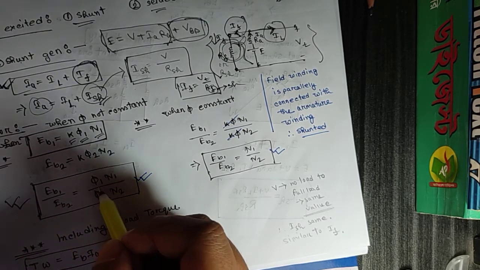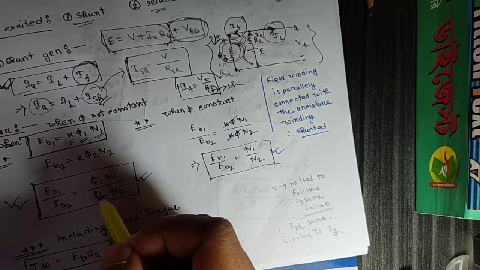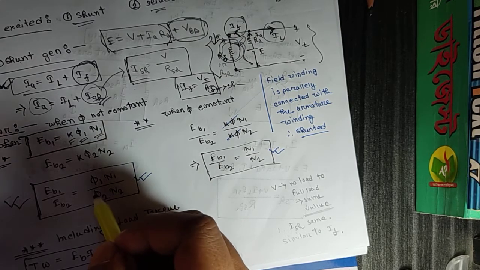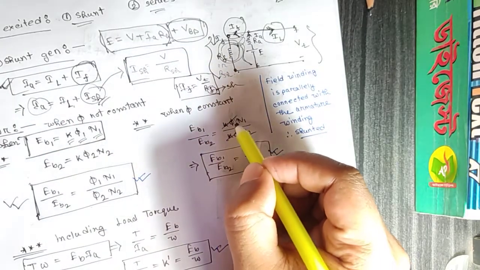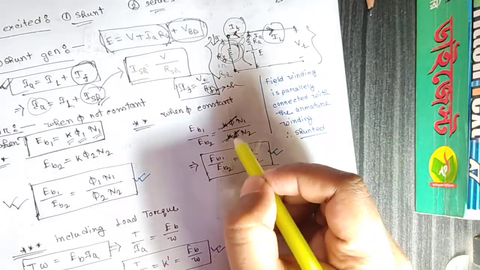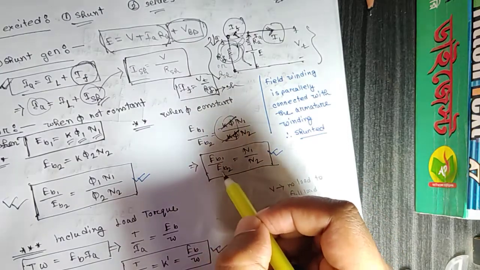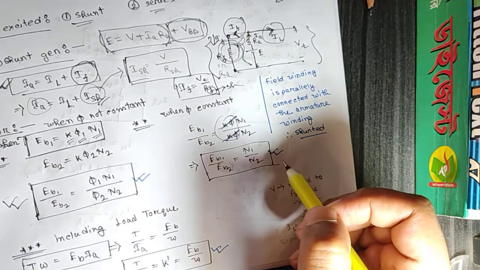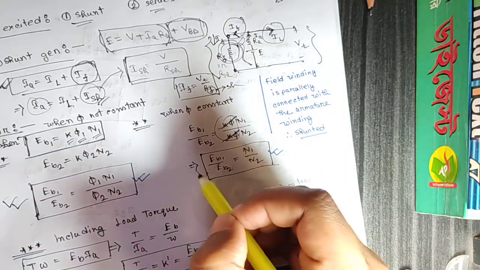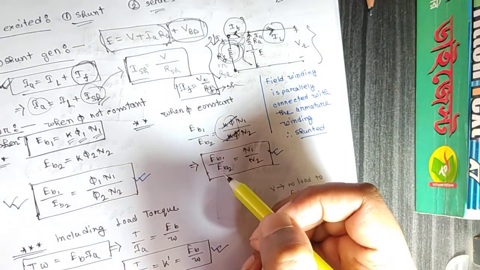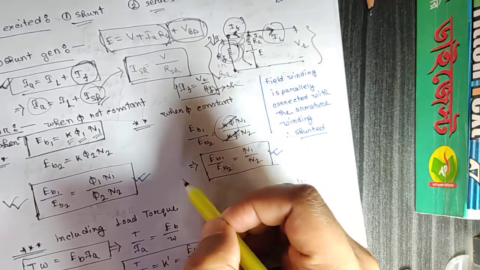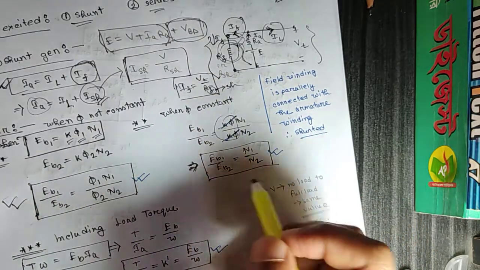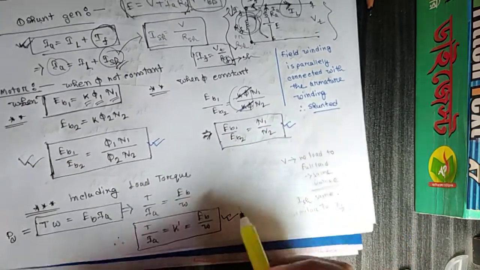But if they say that phi is constant, the magnetic circuit is linear, then you can cancel these two, and you can write EV1 divided by EV2 equals N1 divided by N2. From here you can find the back EMF from one side to another for two equations. Okay, this is important.